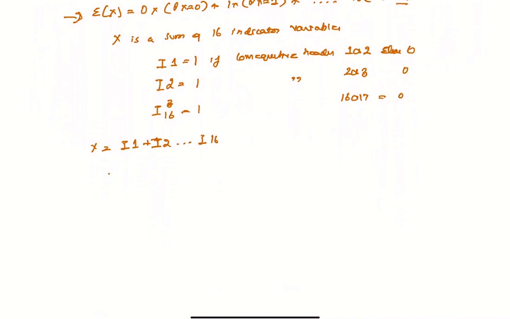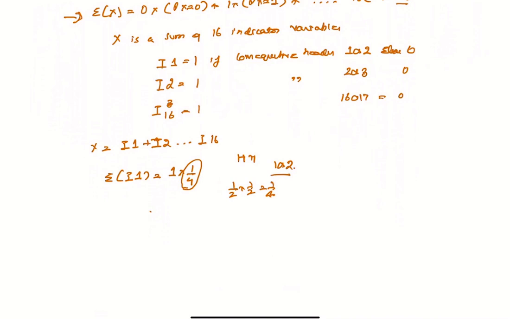Now what is the expected value of indicator variable 1? That is 1 times 1 by 4. Why 1 by 4? Because the probability of getting heads and heads at positions 1 and 2 is 1 by 2 times 1 by 2, that is 1 by 4.